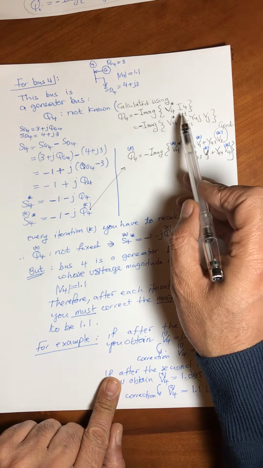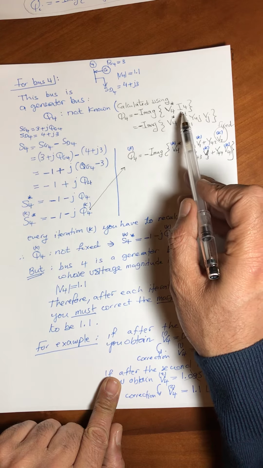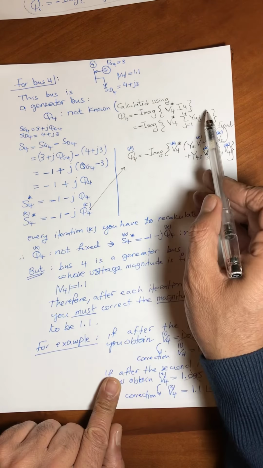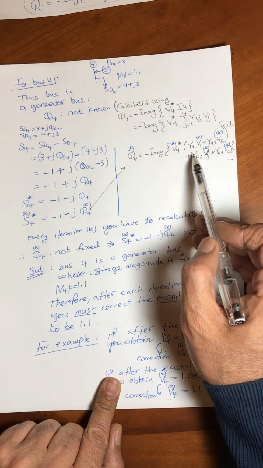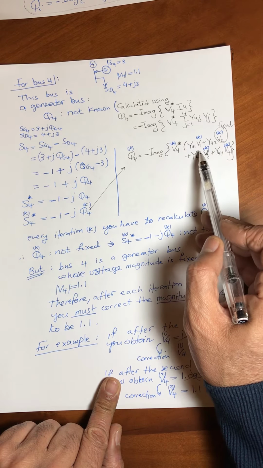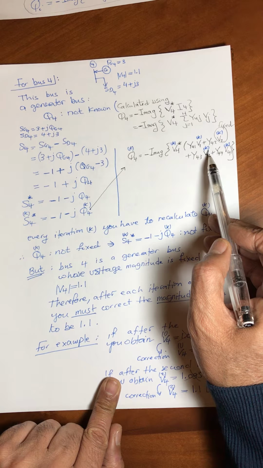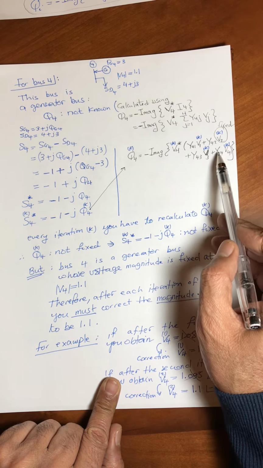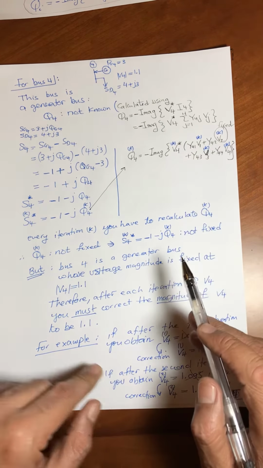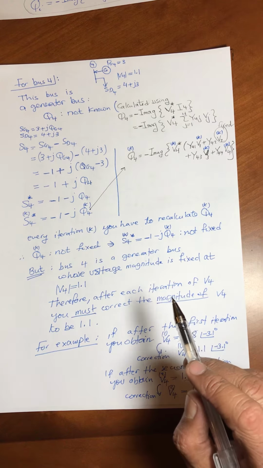And I4, if I put it in the form of a summation and expand this summation, it's Y41 V1 plus Y42 V2 plus Y43 V3 plus Y44 V4. 4 terms because this system is a 4-bus system.